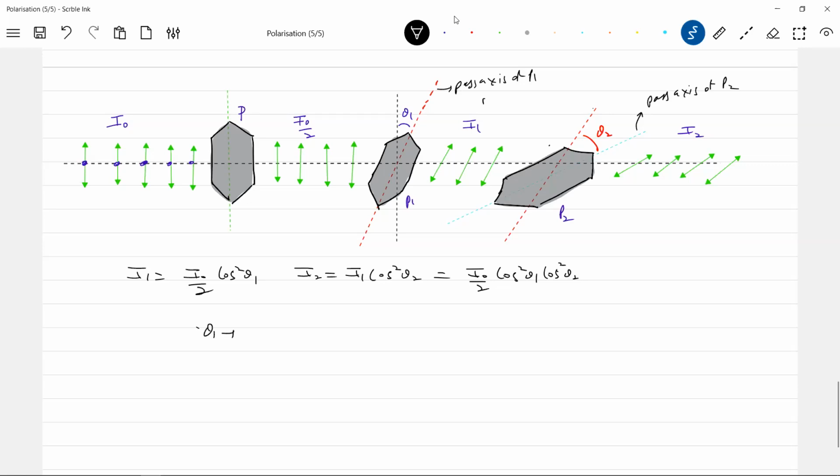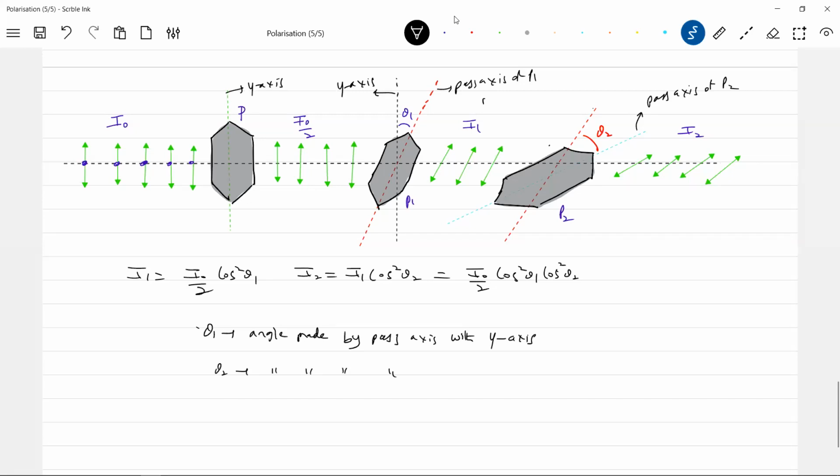So what are theta 1 and theta 2? Theta 1 is the angle made by the pass axis with the y-axis. This is the y-axis. What is theta 2?